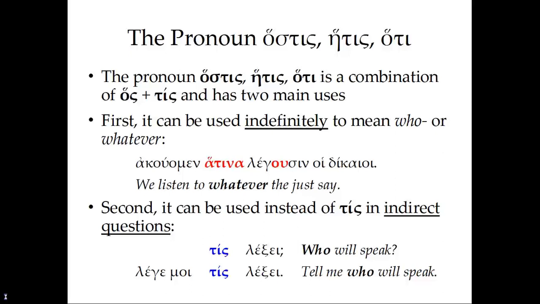We could just say, lege moi tis lexei, tell me who will speak. Basically, this is exactly the same in form as the direct question. This is an indirect question because it's not really a question. It's a statement that includes a question word, who.